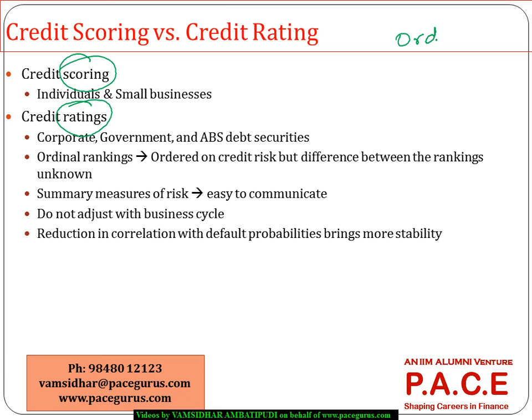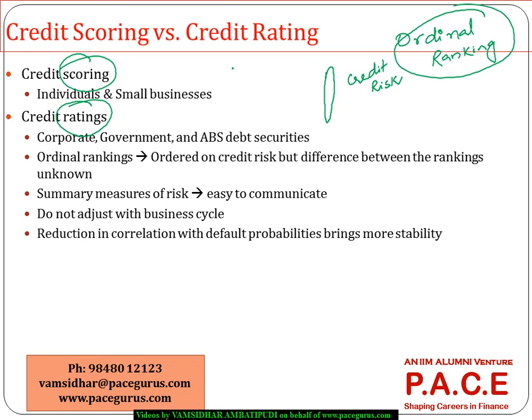They majorly go with an ordinal ranking approach, both of them, because they arrange the data in either ascending or descending order of the credit risk, and based on that they assign some kind of rating or scoring to that particular individual or company.